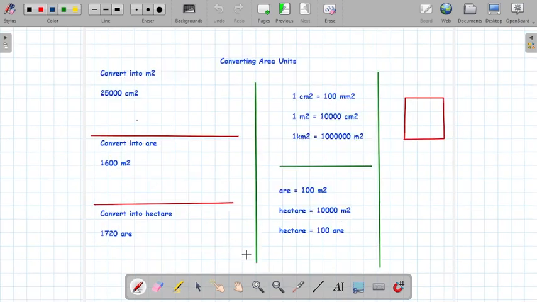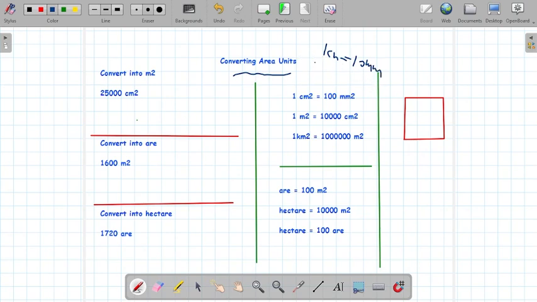The last thing that I need to talk about is that area has units, so you need to learn how to convert area. I will go through this step by step to explain the units. 1 centimeter, I know, is equal to 10 millimeters, right?